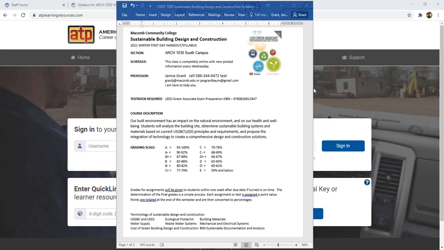We'll be taking a look at how we can make decisions to affect the natural environment and our health and well-being in things like lighting systems, giving us headaches if it's too much light, or how those systems impact our environment.